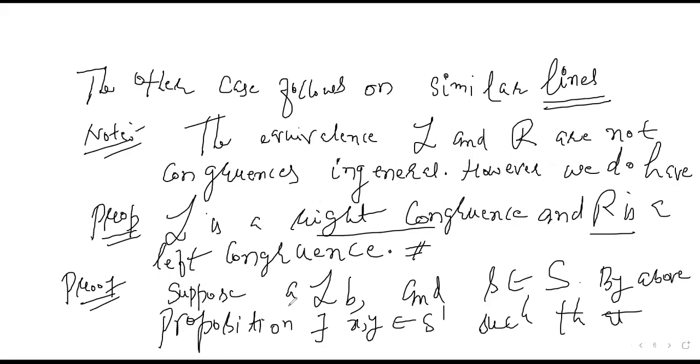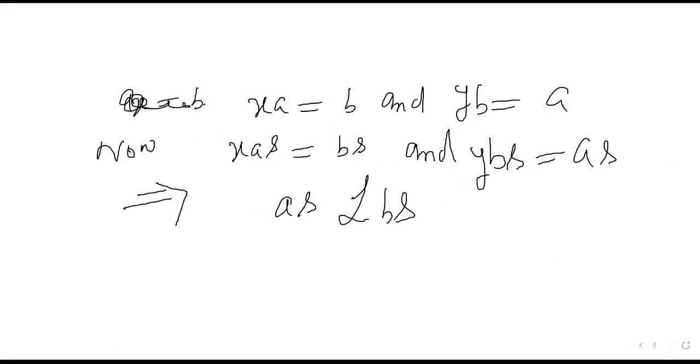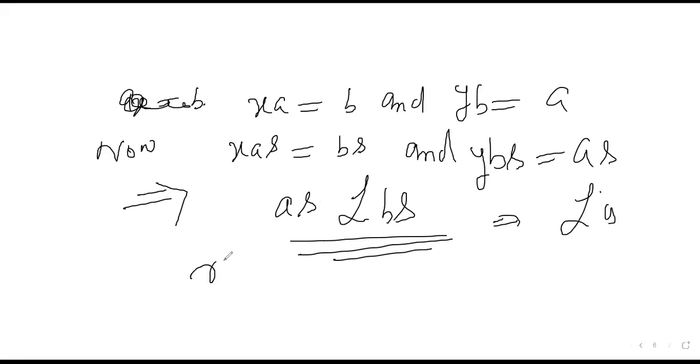So if A L B, then we have shown that AS L BS. So this means what? This L is right compatible, and hence a right congruence.